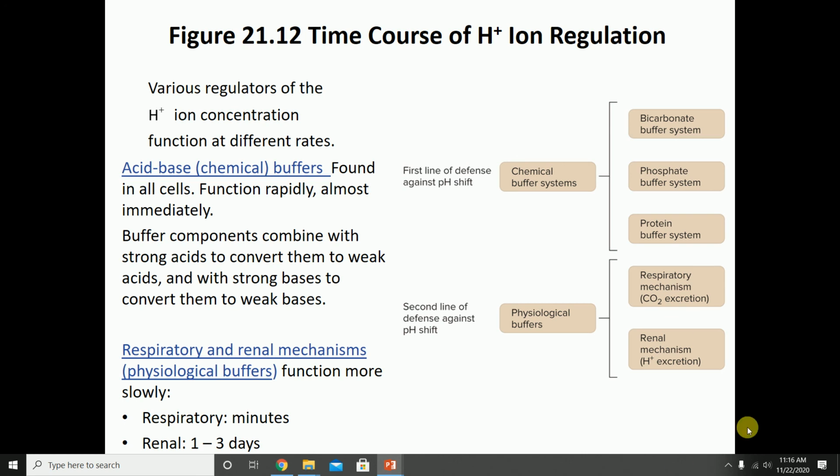Now, the renal mechanism takes about 1 to 3 days until you get an effect, and it all depends on the renal excretion of hydrogen ions. So again, going back to chapter 20, we talked about how hydrogen ions can be secreted through a process known as tubular secretion of hydrogen ions, when needed.